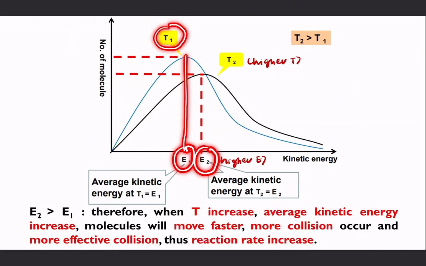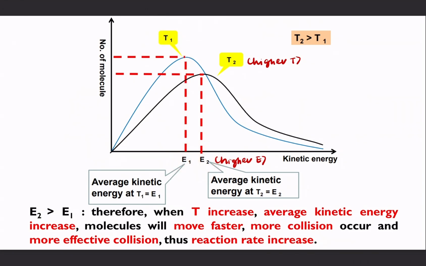So as you can see, the average kinetic energy for molecules at temperature 2 is higher when temperature 2 is higher. So E2 is larger than E1, therefore when temperature increases, the average kinetic energy increases as well.